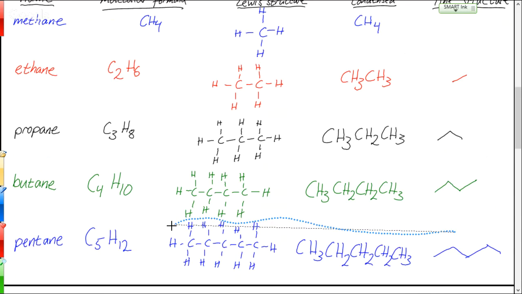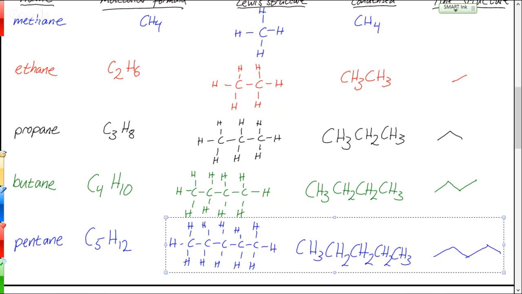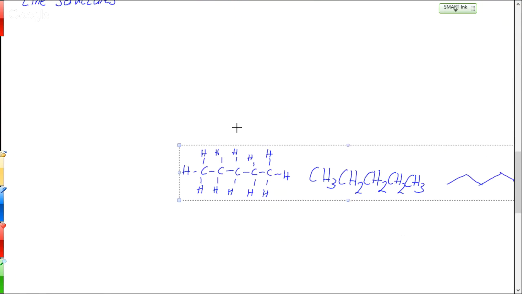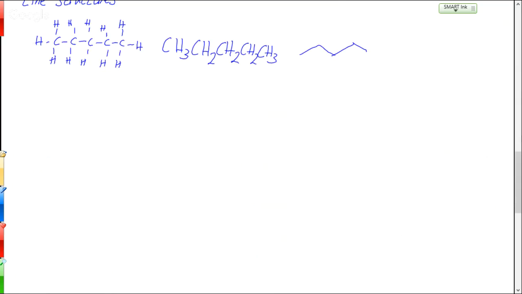All right, so we've got our Lewis structure, condensed, and line. So where do you think the carbons go in the line structure? Carrying those three. Where are the carbons? I mean, the C's aren't shown obviously, but can you tell where they are? Yeah, they're at the ends and the points of the line.